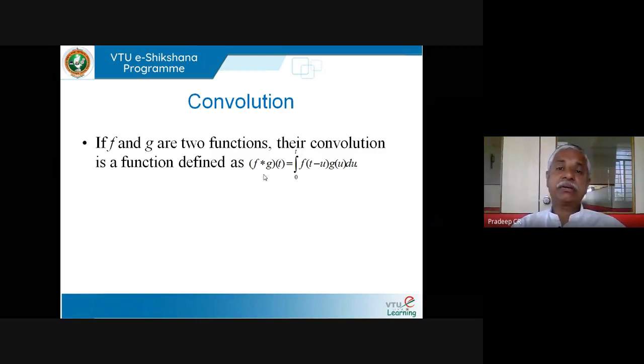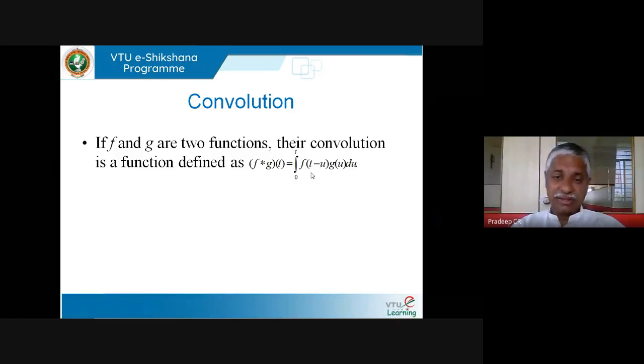New function means I have to tell you what its values are at different values of t. t is again the running variable. So f star g of t I have to tell you. So here is the definition. f star g of t is the integral of f of t minus u into g of u du, integrated from 0 to t.